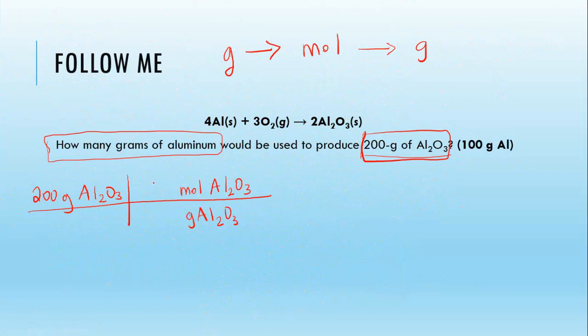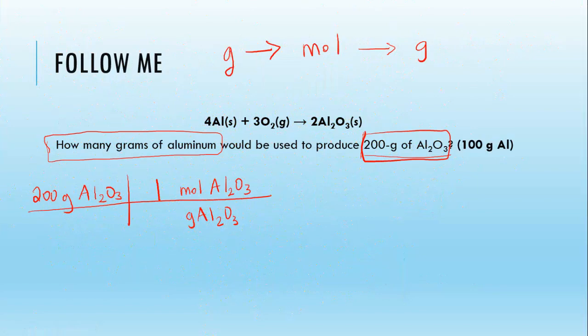So we learned how to calculate the mass of 1 mole of something. So the mass of 1 mole of Al2O3. Let's see, aluminum has a mass of 27, so there's 2 of those.